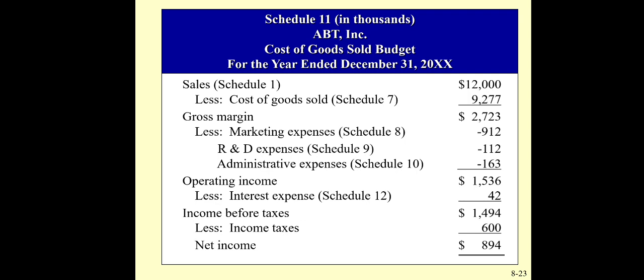In this sample budget, it is assumed that the business will have to pay 600,000 income tax. So the budgeted net income is $894,000.